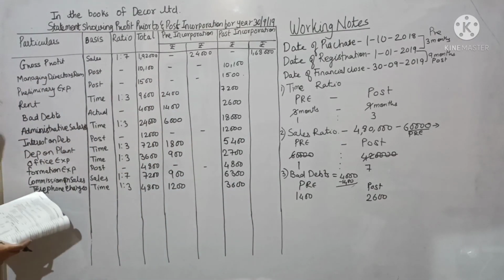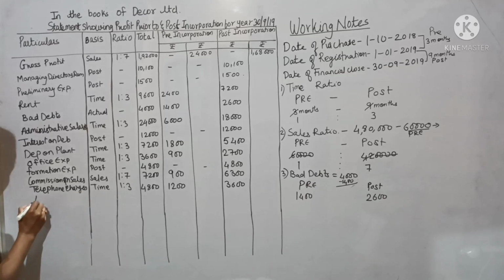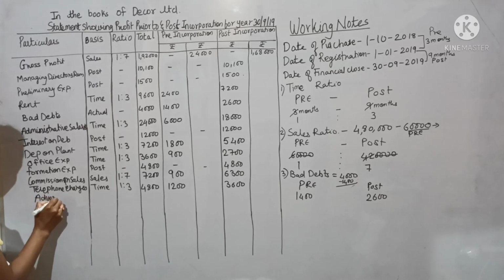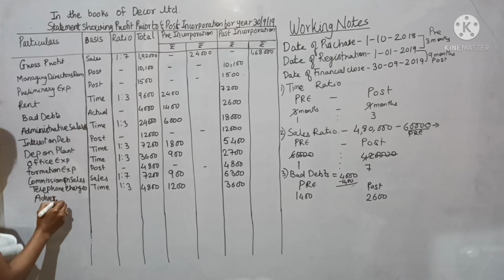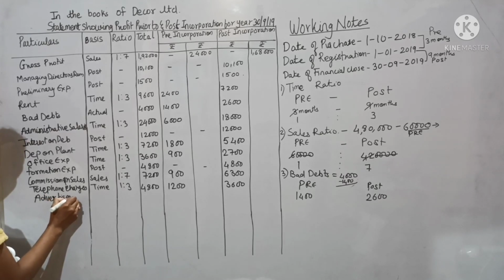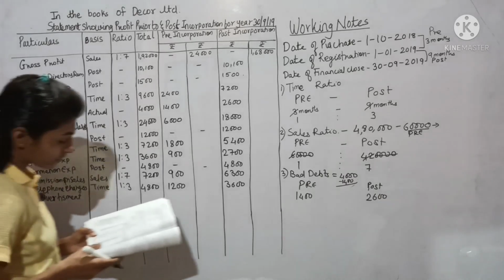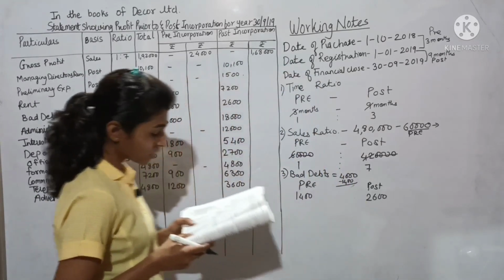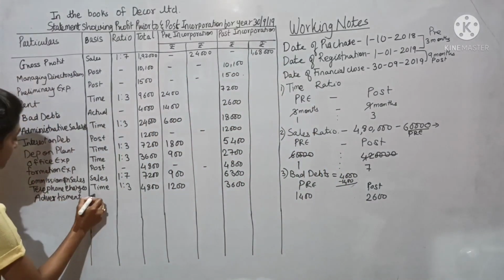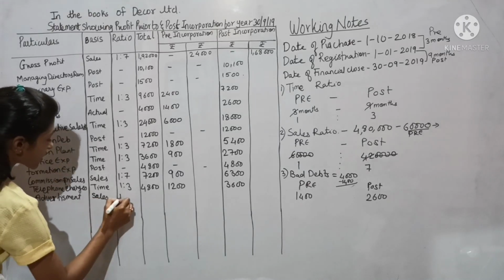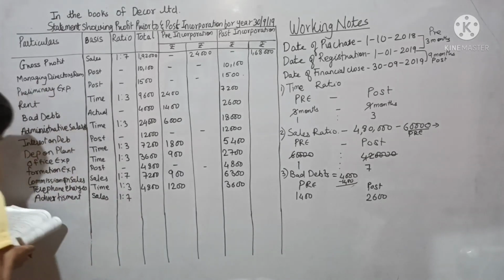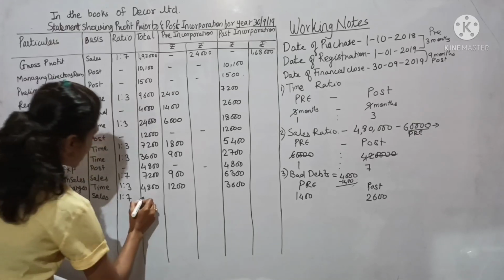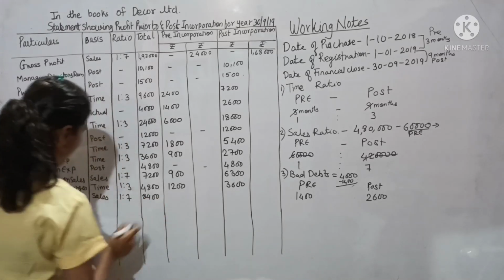After telephone charges we have advertisement. Advertisement we have to distribute on the basis of sales ratio. Sales ratio is 1:7. Advertisement total is 8,400.